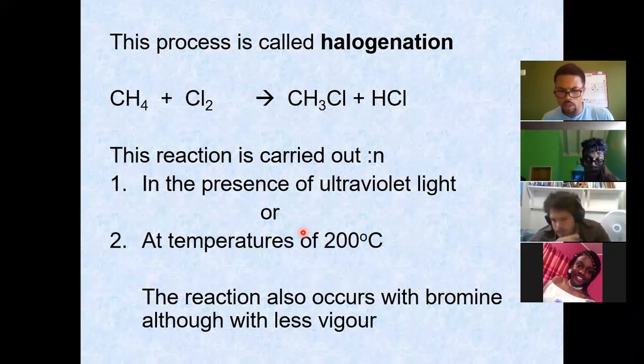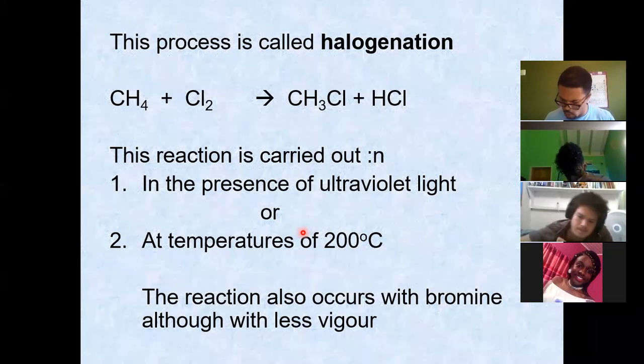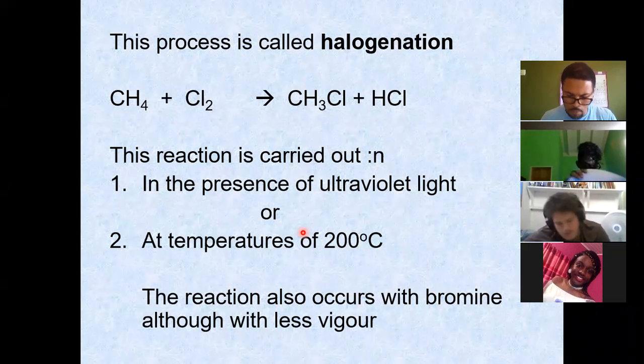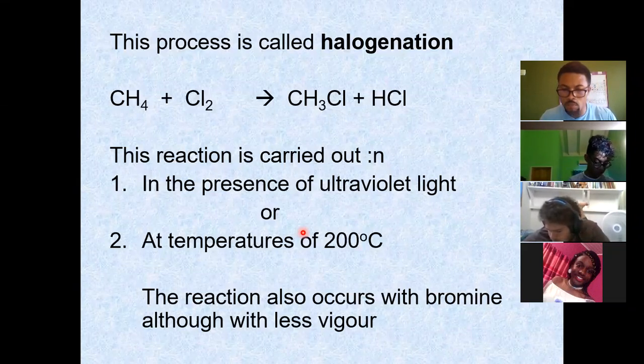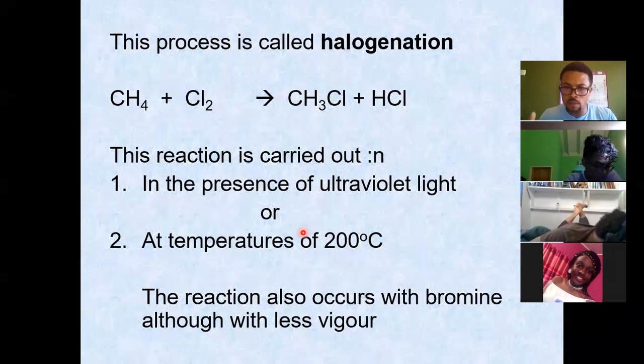Now, what I'm going to advise you all, it's very important, and I see you have your Concise. Let me point the page out to you, because you need to know how this reaction runs. If you could turn to page 137, you can see the example there. It says, in dark, no reaction occurs, because this substitution reaction, which is halogenation, must occur in the presence of UV light.